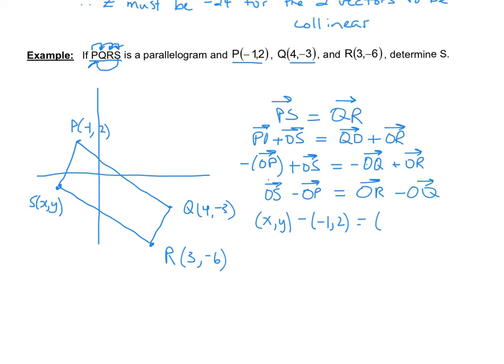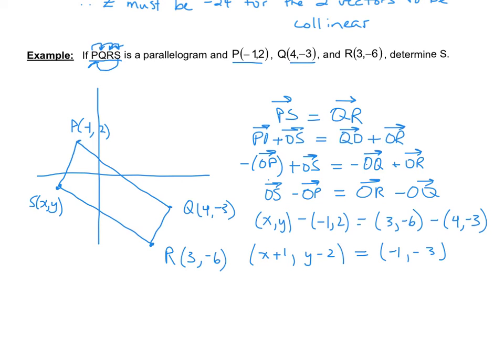OR is the vector 3, -6. And OQ is the vector 4, -3. Then I'm going to use our rule from earlier. x take away -1 would be x plus 1, so I'm combining the components here. y take away 2 will just be y take away 2. And that has to equal 3 take away 4, which is -1, and then -6 take away -3 would be -3.